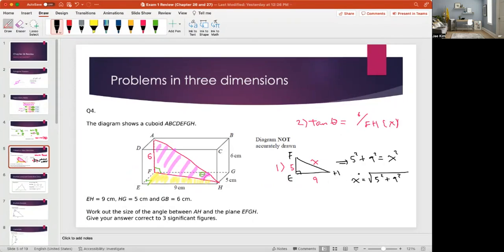So once you find X, now we got to put that X onto step number 2 right there. So once you put that in, you can figure out angle theta using shift or inverse tangent.